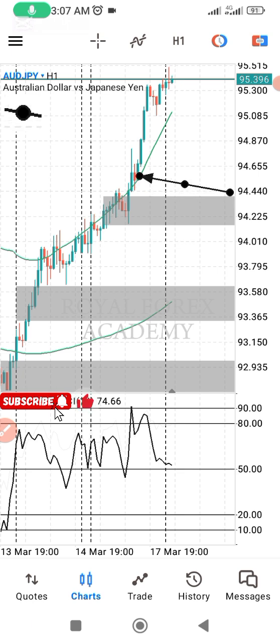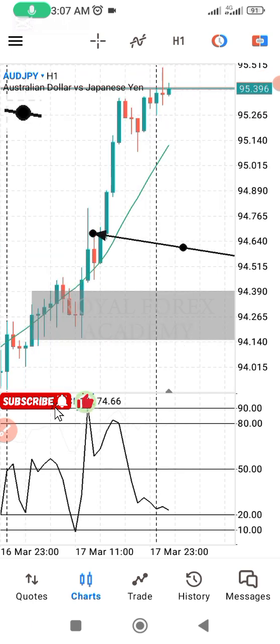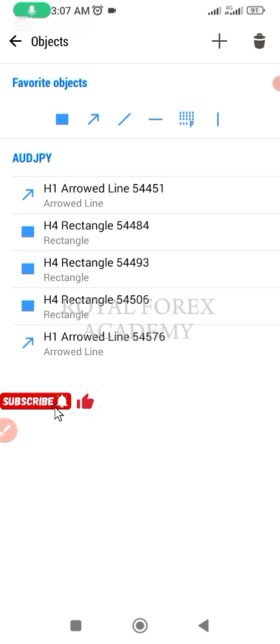The next candle that follows closes. After this particular candle, the next subsequent candle that follows closes as a bullish candle. So when you have this bullish candle engulfing this, you now make your entry.